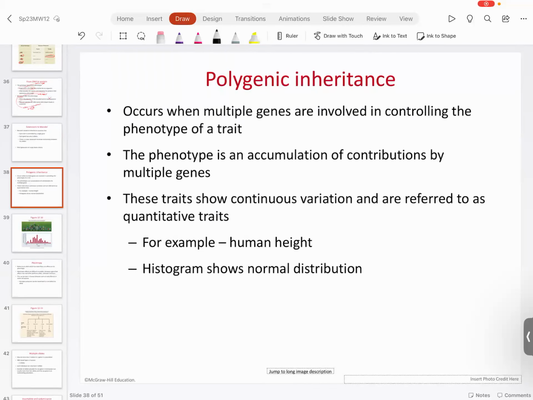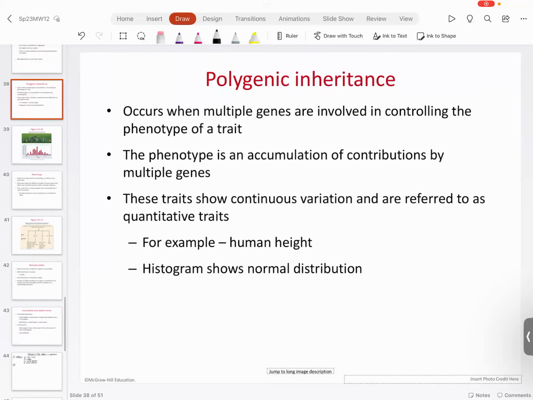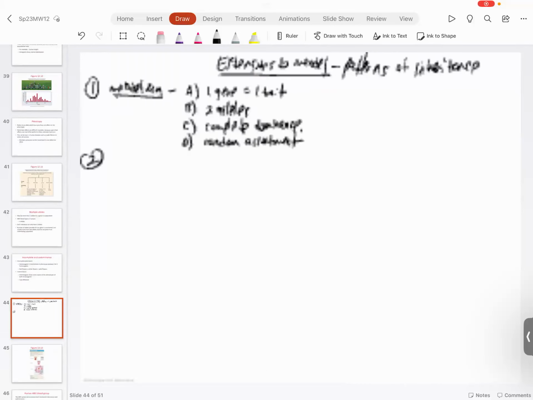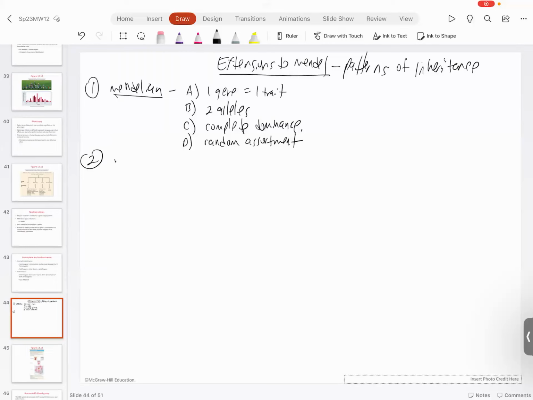The first one we're going to take a look at is what's called polygenic inheritance. So polygenic inheritance is basically where there are many genes involved in one trait.